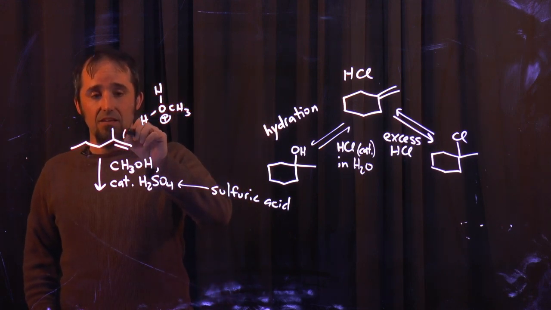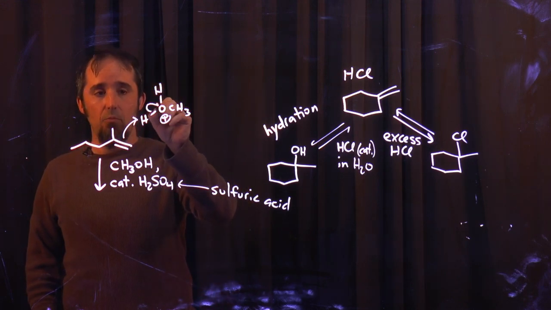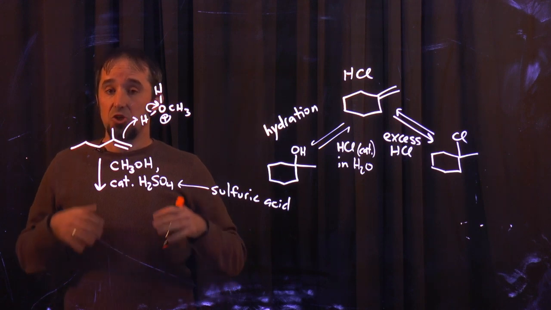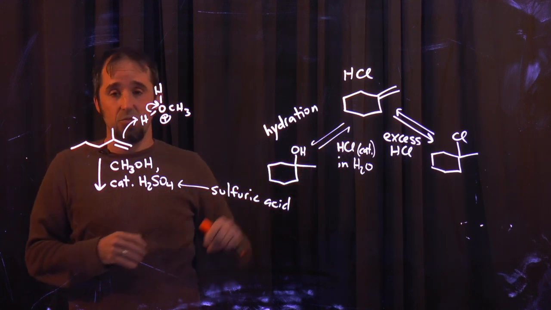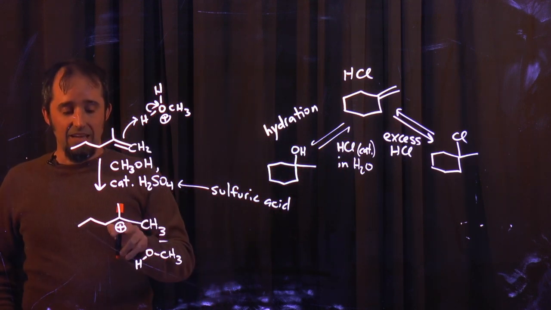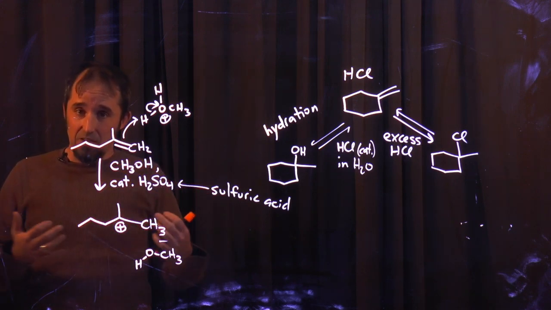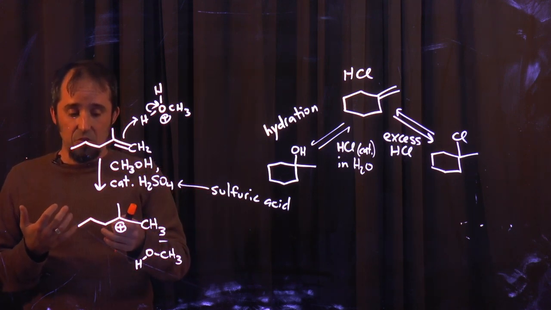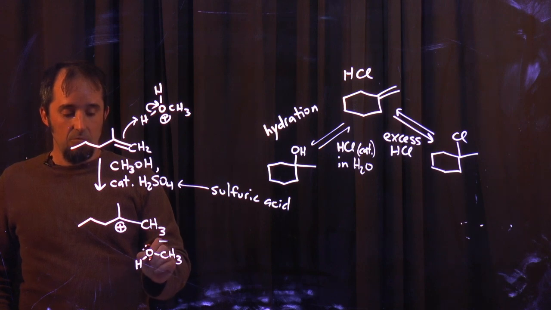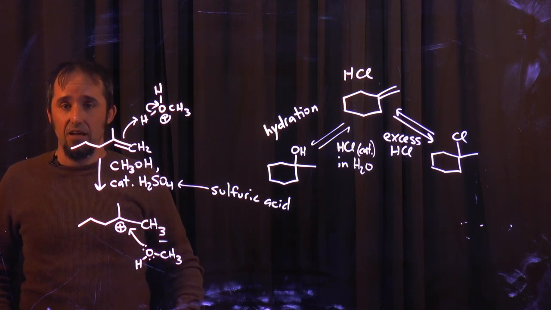My alkene is going to go grab an acidic proton, just like it would have if I'd reacted with HCl or HBr. Again, there's lots of solvent molecules around. So as soon as I form that positive charge, my methanol is going to act like a nucleophile and go after it.